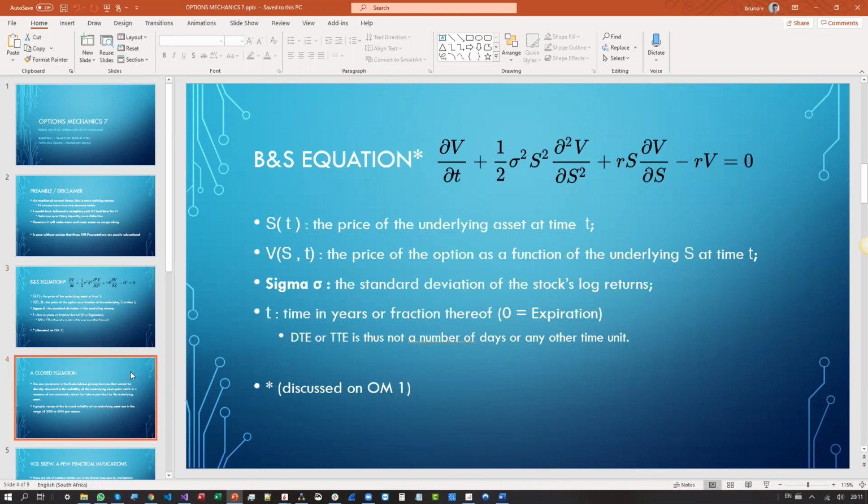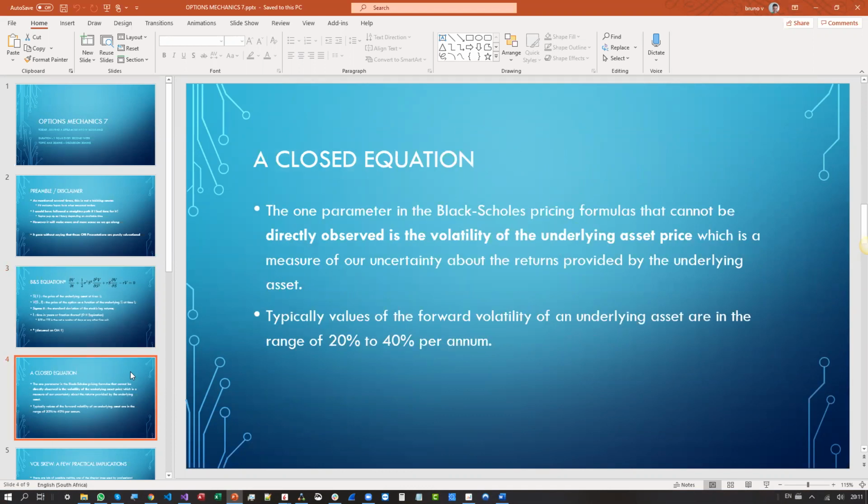I'm going back a bit because I had some comments on the forum, directly or on Slack, that it's a bit of a chicken and egg situation. Yes, Black and Scholes is a closed equation, which means that you can derive volatility from the options market price, but you can't have both at the same time.